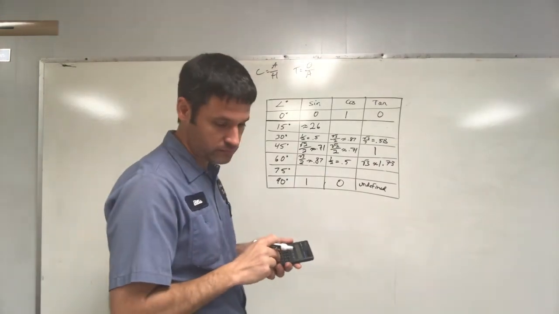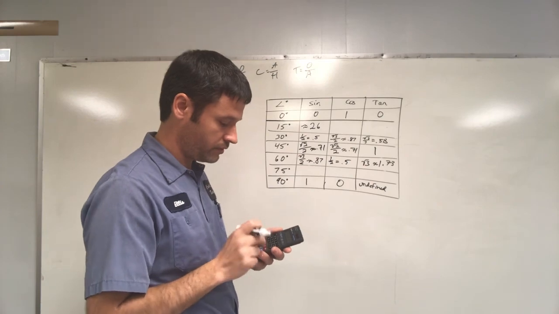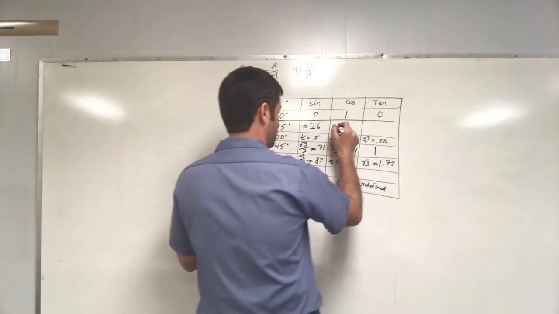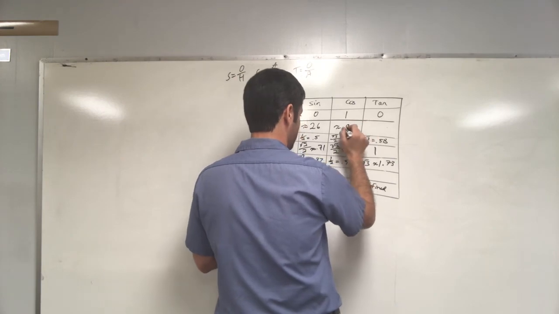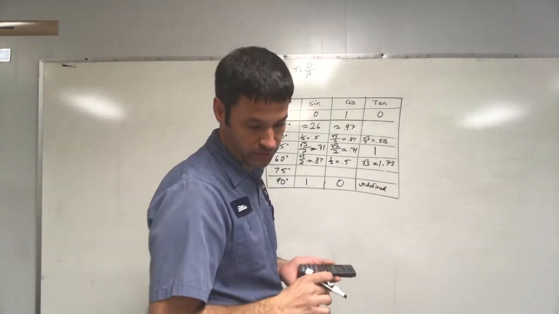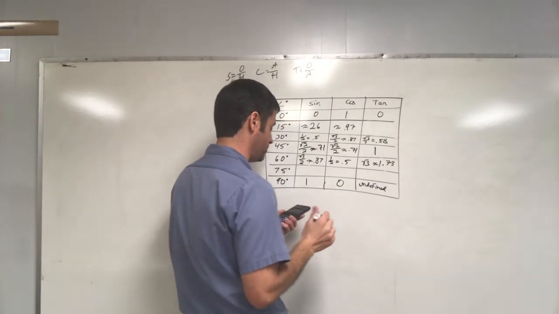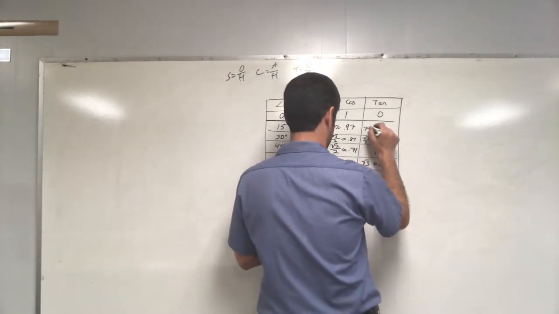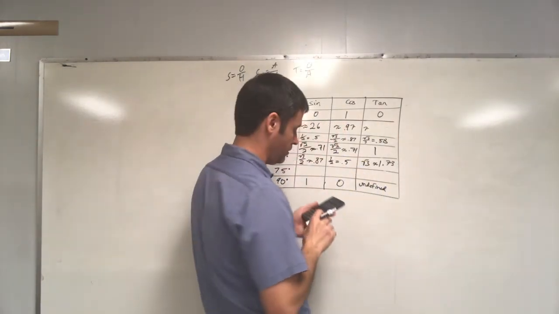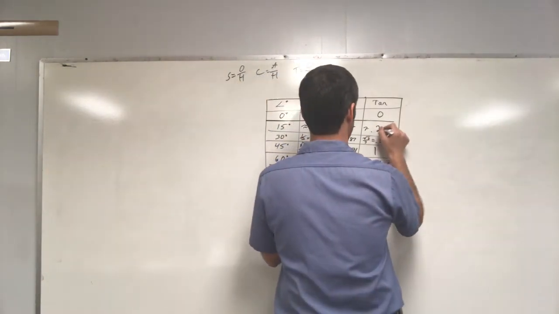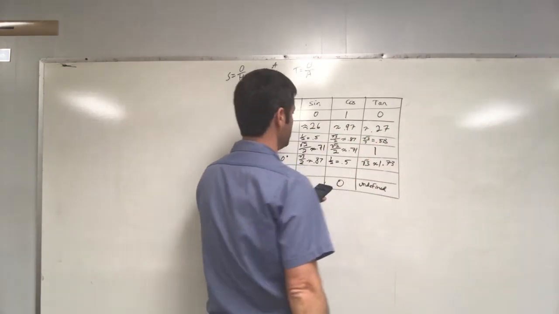Hopefully you got that. The cosine of a 15 degree angle is approximately 0.97, and the tangent of a 15 is approximately 0.27. This is 0.26 and this is 0.27, but that's how it is.